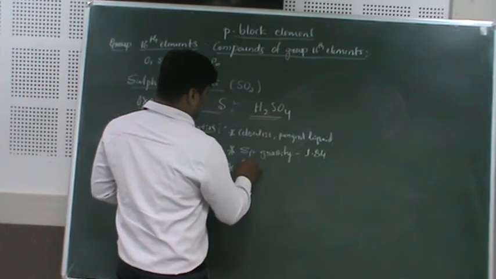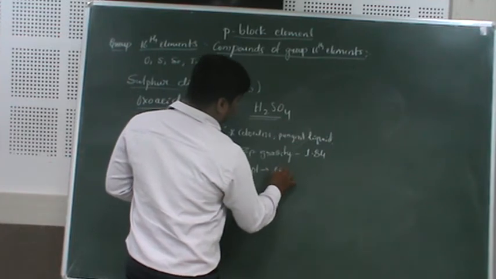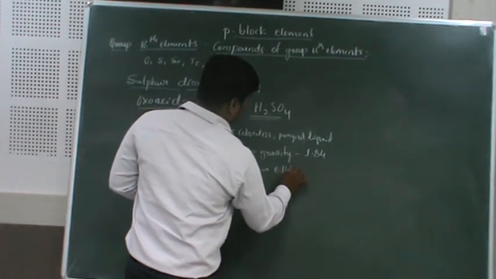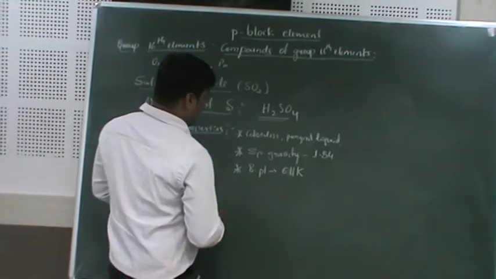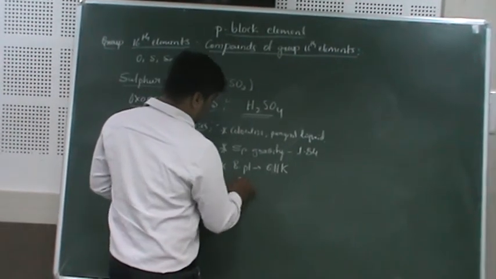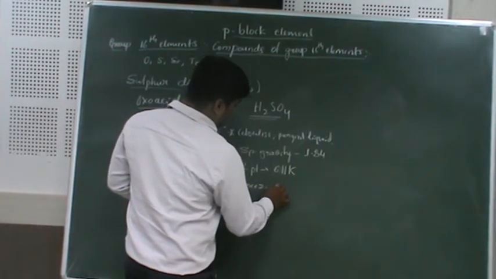The boiling point of sulfuric acid is more than 611 Kelvin, and it freezes around 363 Kelvin. The freezing point is not exact.